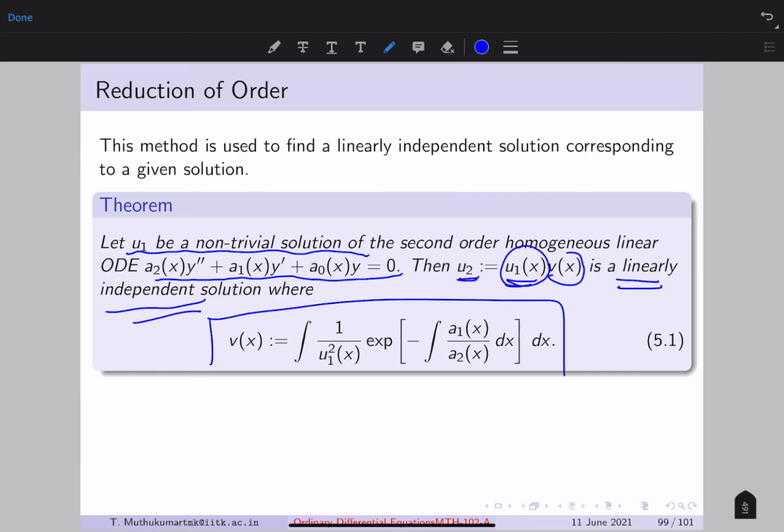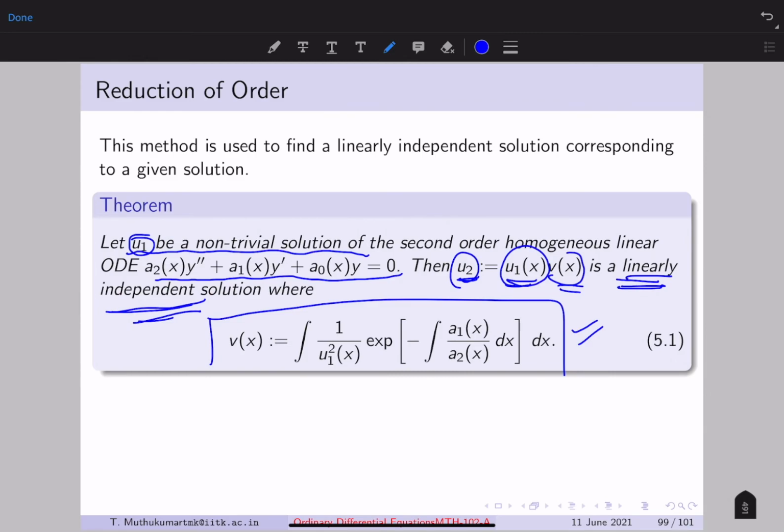That is the theorem. So if you are given U1, you can find U2 which is linearly independent to U1, and what you have done to obtain U2 is just multiply V with U1, and V is given by this formula. So let's prove this theorem.